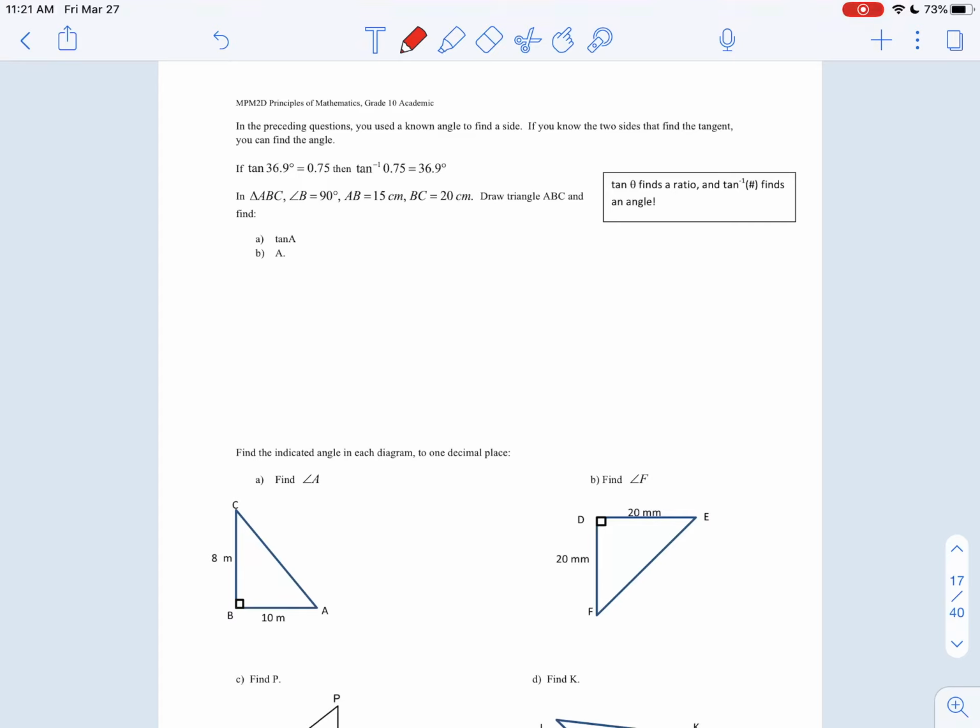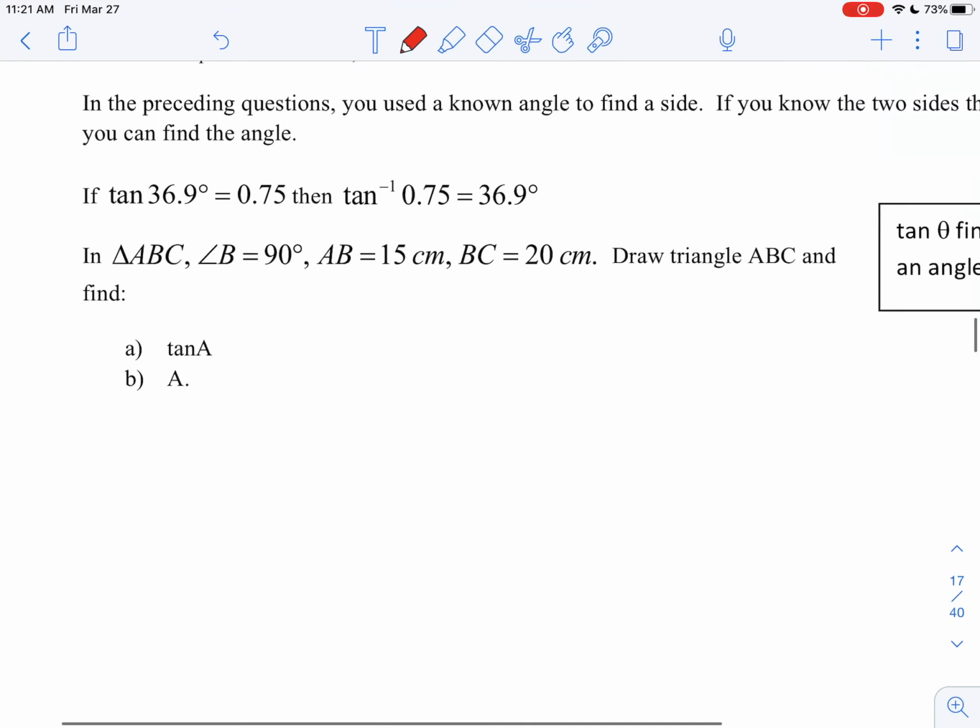So the first one we have here, if tan 36.9 is equal to 0.75, that's where we're working from the very start, then they're saying tan to the exponent -1. That actually reads tan inverse. That finds the angle if you're given the ratio. So if you know both the side lengths and you want to find the missing angle, we can use this new button on our calculator called the tan inverse.